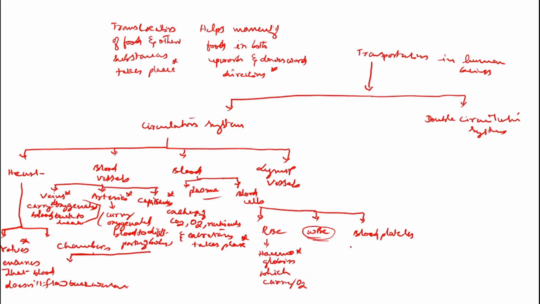So I told WBC is the immunity system. Next, blood platelets. This is also important. They may ask in the examination. They help to clot the blood at the time of injury.